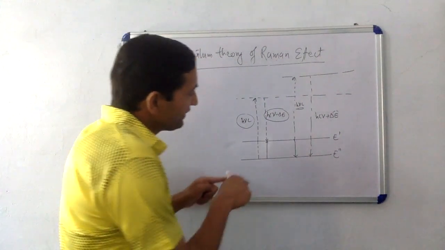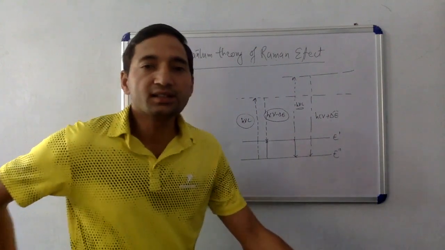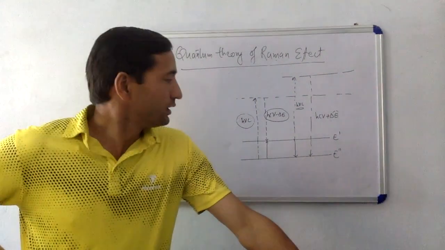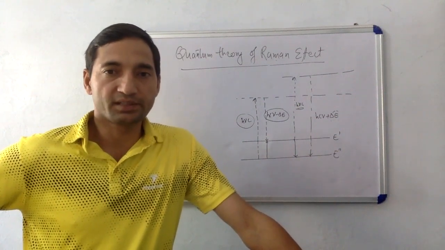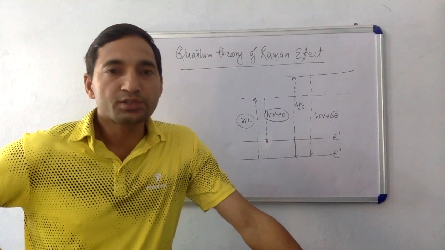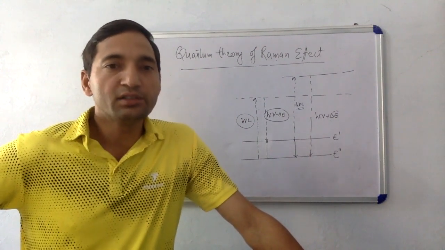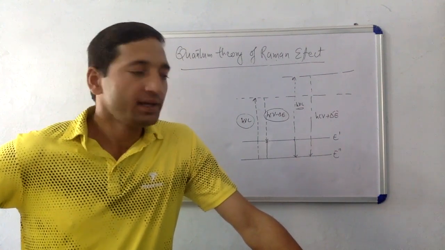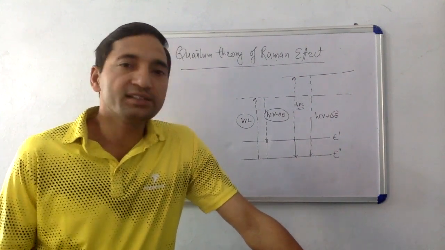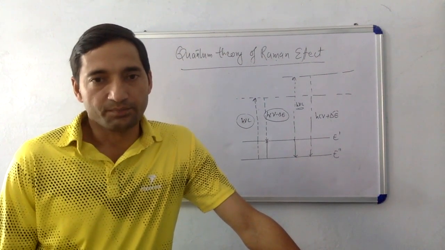Before dealing with the rotational Raman spectra and the vibrational Raman spectra, I suggest you go through the molecular symmetries: linear molecules, symmetric top, and asymmetric top molecules, because in most cases we are dealing with diatomic molecules, which are linear in structure.